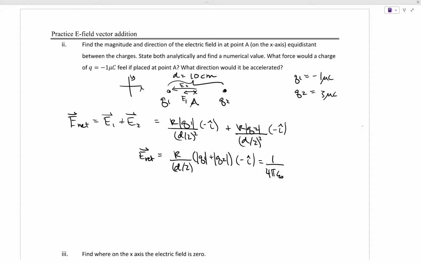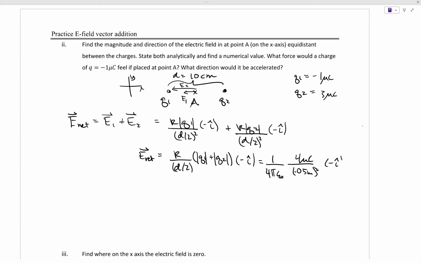We know k is 1 over 4 pi epsilon naught. Our factor of d over 2 would be 0.1 meters over 2, so let's just call this 0.05 meters squared. And then our charges would be 3 plus 1 microcoulomb, so 4 microcoulomb.